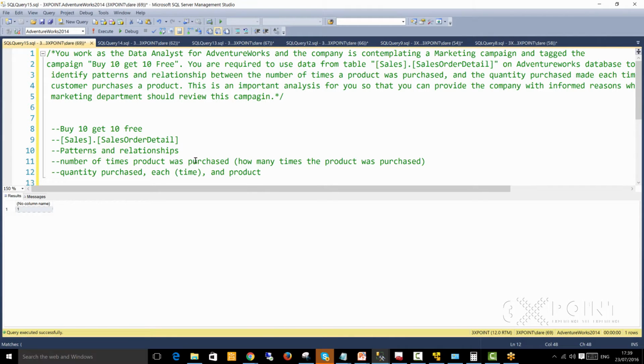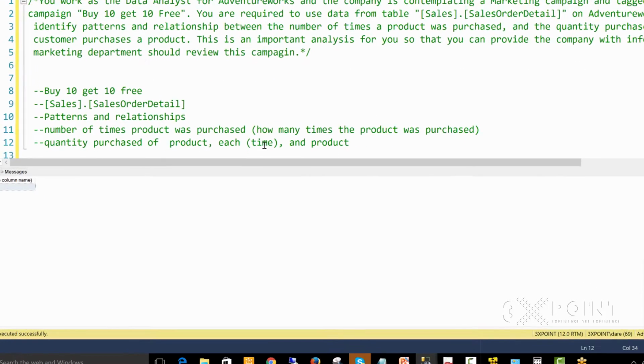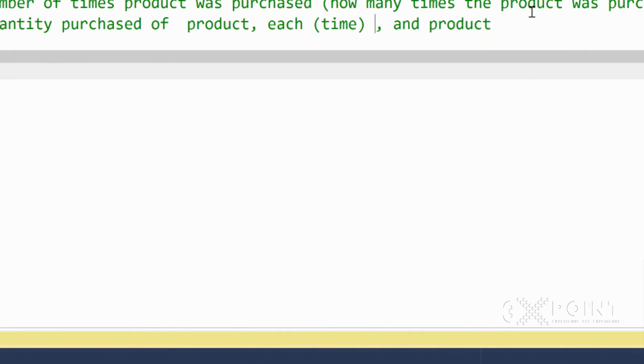So I want to measure the relationship between these things. The quantity purchased of a product, each time the product was purchased.